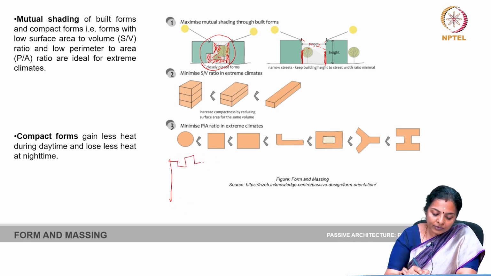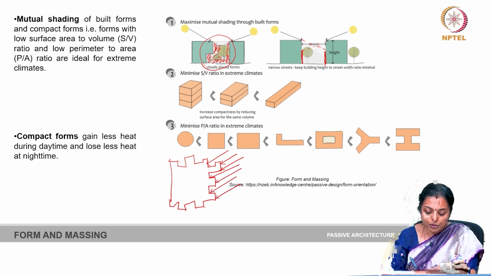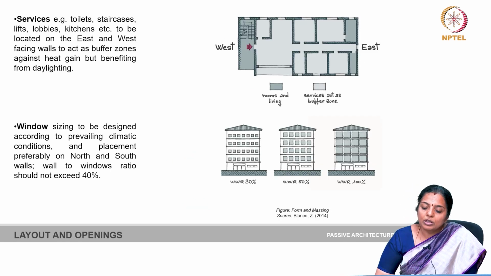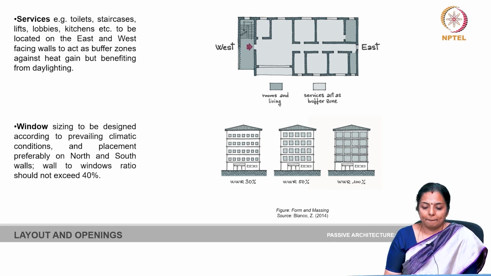Sorry, the diagram just disappeared because of the way I pressed the pen. So, the more the perimeter, the more the opportunity for solar radiation to strike, whether it is mutually and also in the planning.